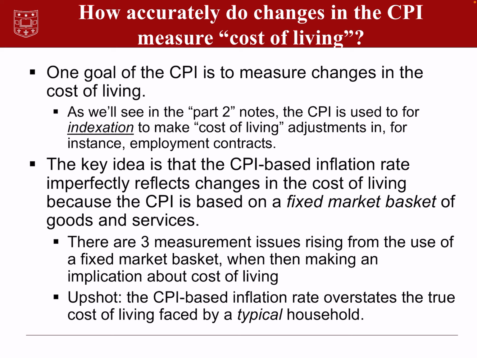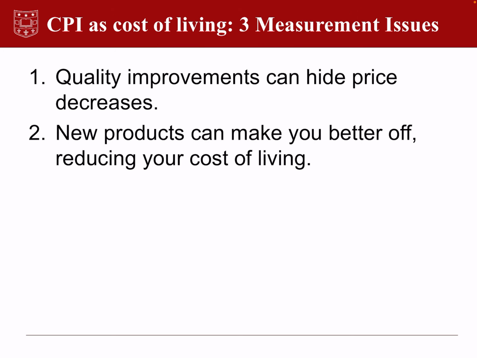How close are we? The key thing about the consumer price index based inflation rate is that it is based on a fixed market basket of goods and services. And there are some measurement issues that arise from using a fixed market basket, where the upshot is going to be that the CPI based rate of inflation tends to overstate the true cost of living that's faced by a typical household.